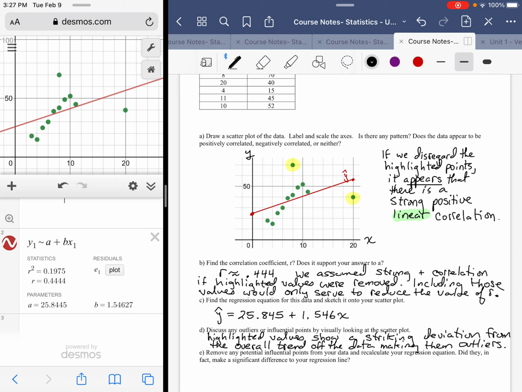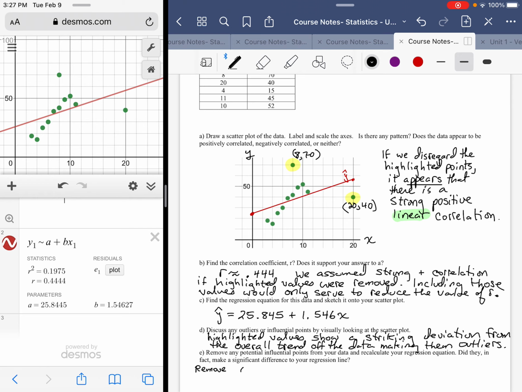All right, so what I'll do is I'll just take a look at those highlighted values. This one up here is 870, and this one is the 2040. We don't remove them together, we remove them one at a time. So I'm going to make a little note here.